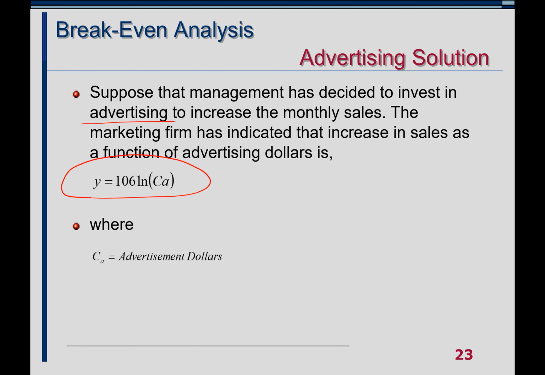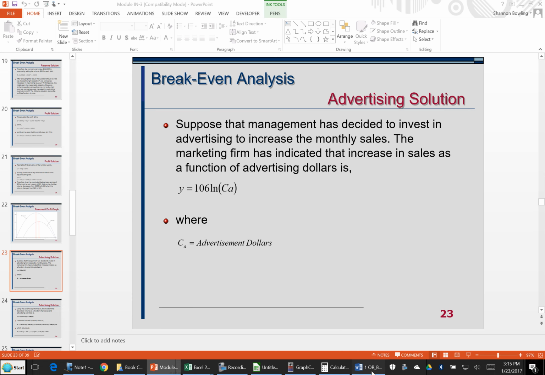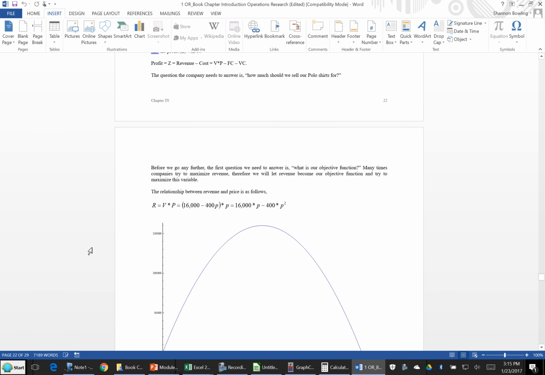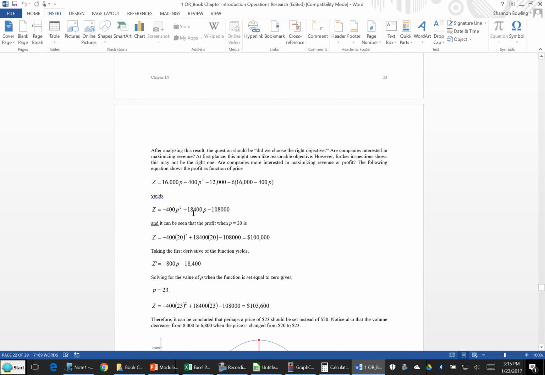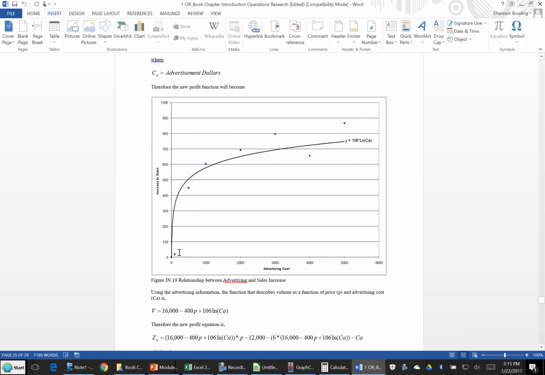Well, let's go back to the chapter and see if we have a graph that gives us some intuition as to why this is the case. Well, we can look at this, and this makes sense. If you think about this, advertising has what's referred to as a diminishing return on investment.